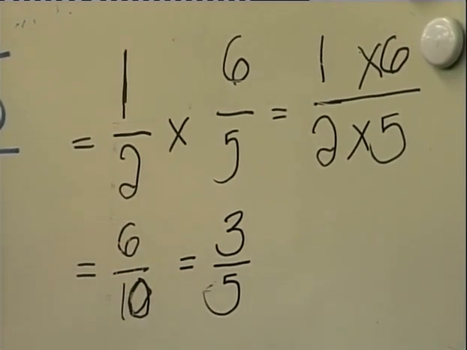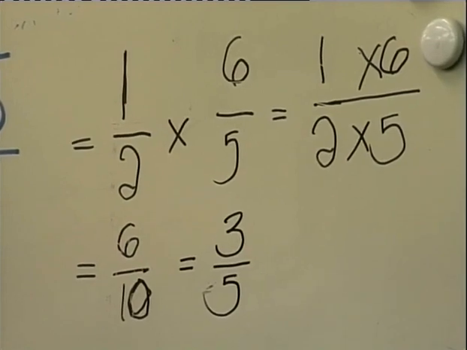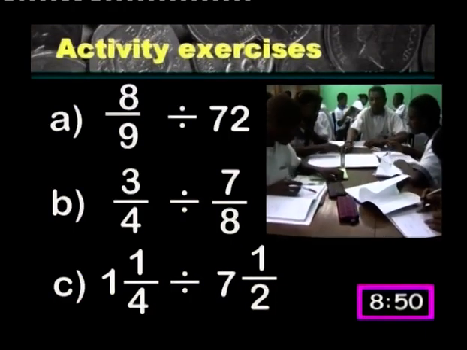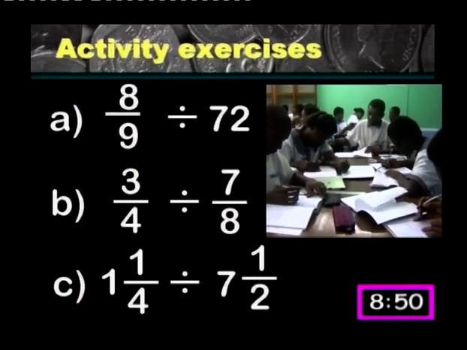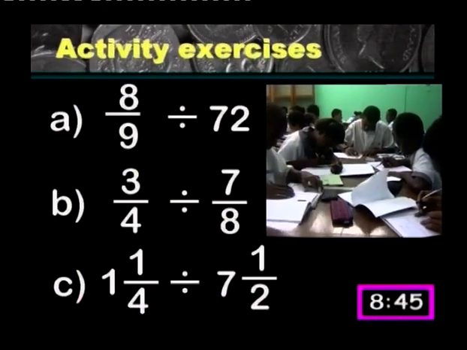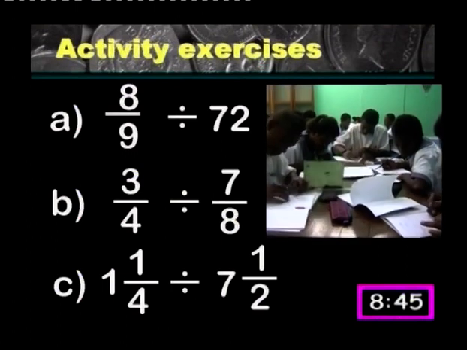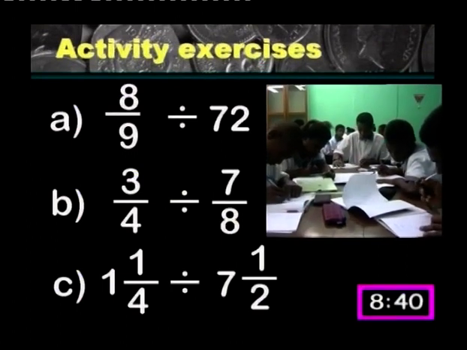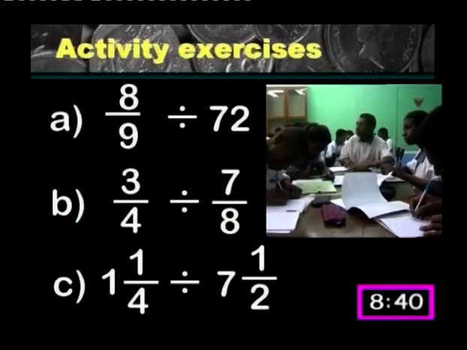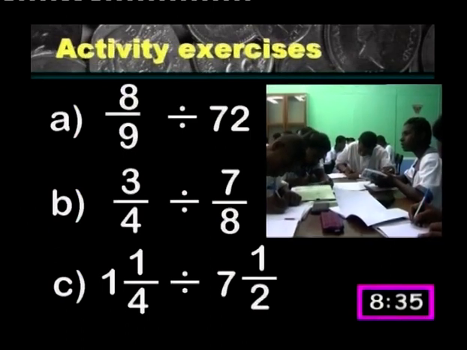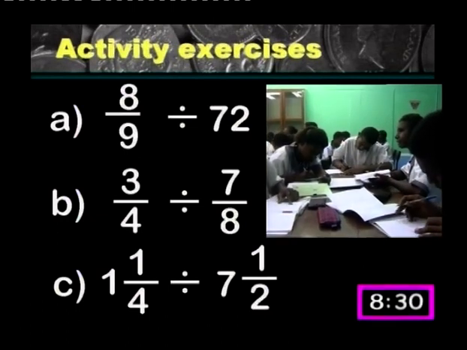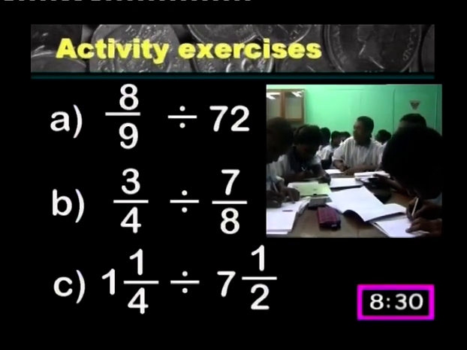So 8Es and receiving students, now I'd like you to go on to your activity. I'd like you to do these 3 activities into your exercise books. Copy them down and then start working on them. Using the reciprocal method, you divide those fractions. Do you understand what you're going to do?